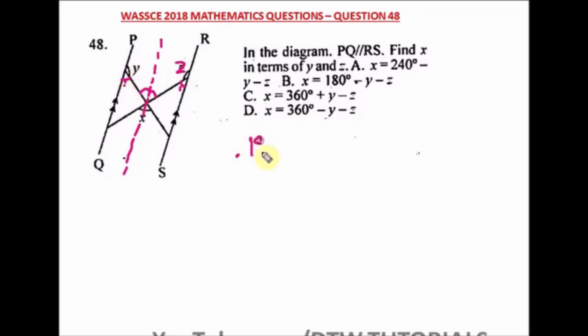So we have 180 minus z and 180 minus y, and this angle is equal to this angle, and this angle is equal to this angle because they are alternate angles.